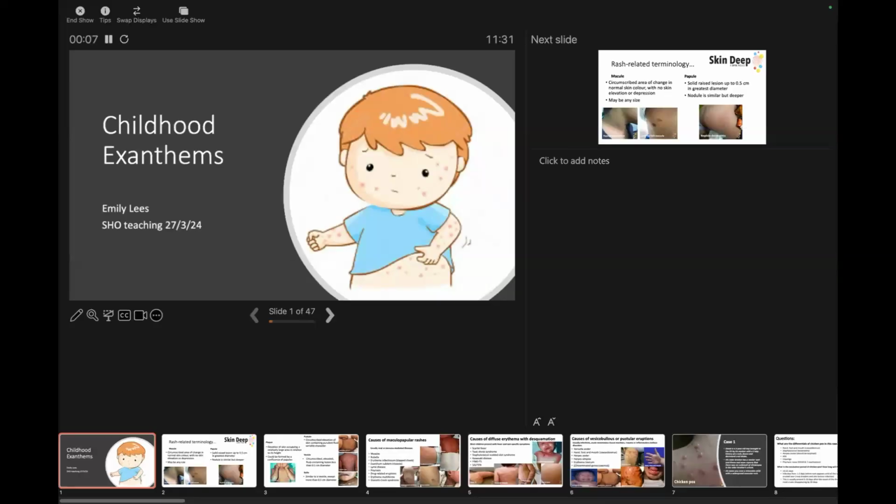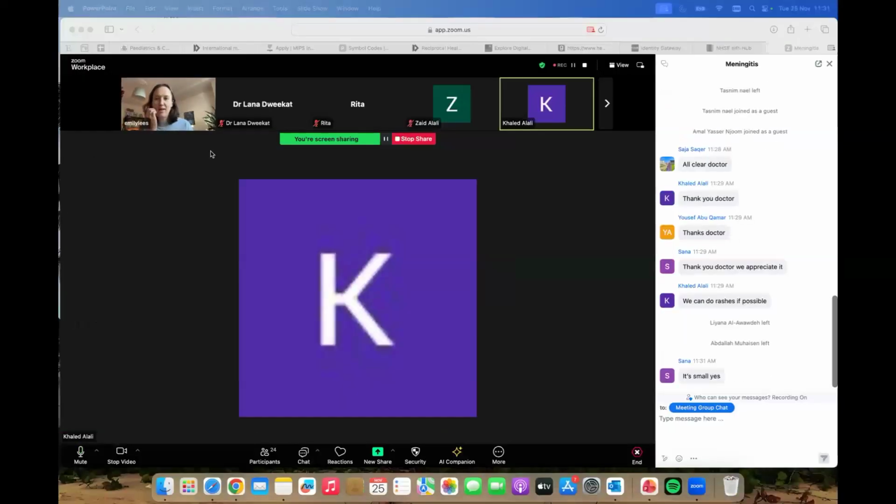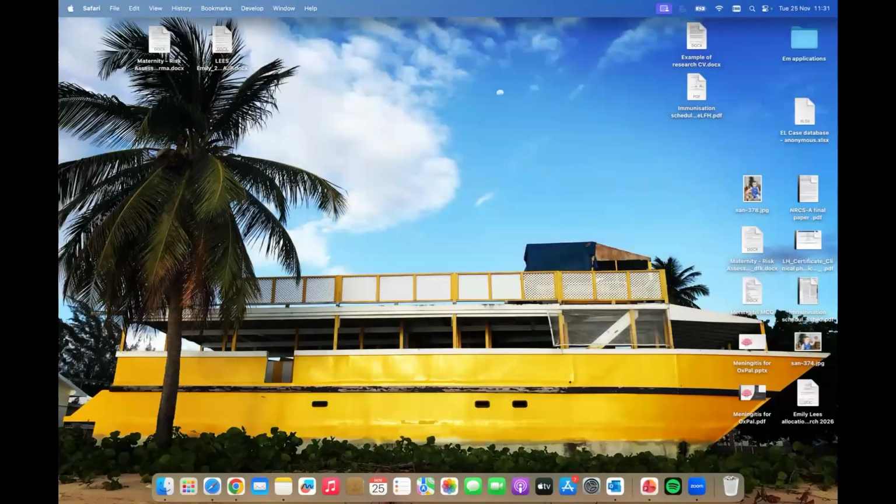Or are you seeing the proper version? Is it just small slides that you can see? Yes, we can see the small slides. The small version, okay. Just try moving that up there.